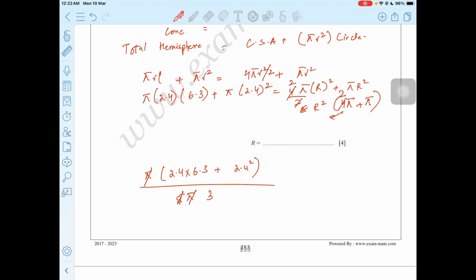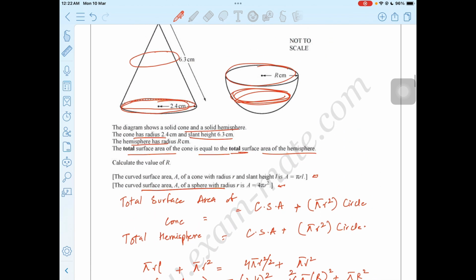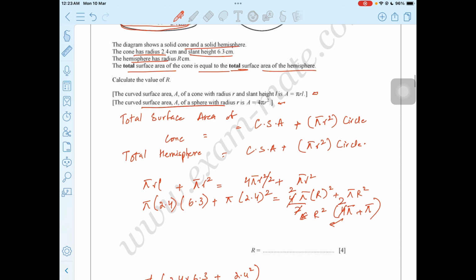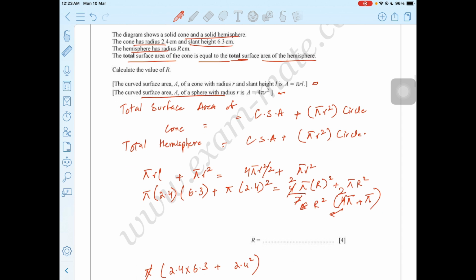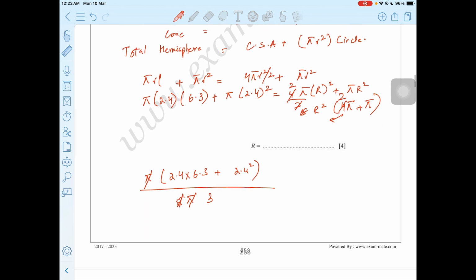Okay, I made some mistake over here, or let me just see. Did I make some mistake? So we have pi into 2.4 squared and then pi multiplied by this, okay, and then 3 pi, okay.